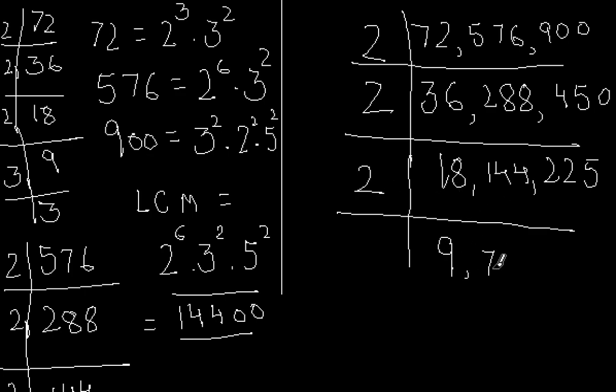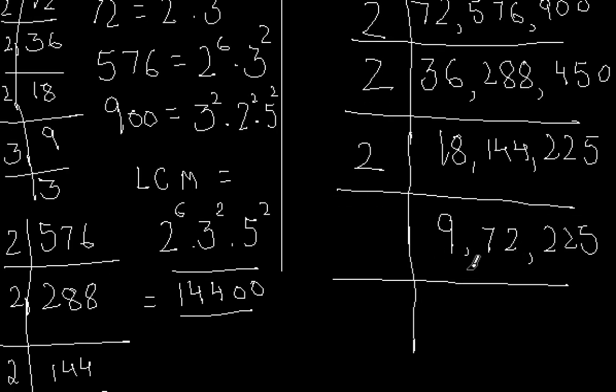So this is 9, 72 and 225. Now we can take 3 because these two numbers are divisible by 3. We take 3 here, we are left with 3, 24 and 75. 225 is also in fact divisible by 3.